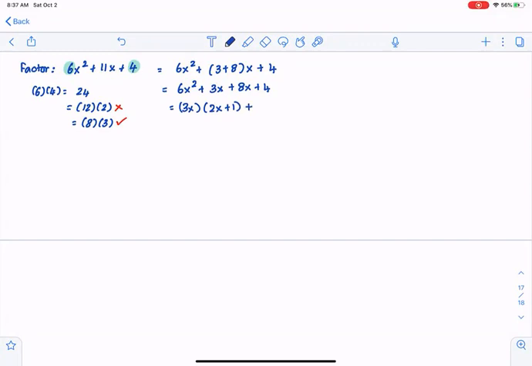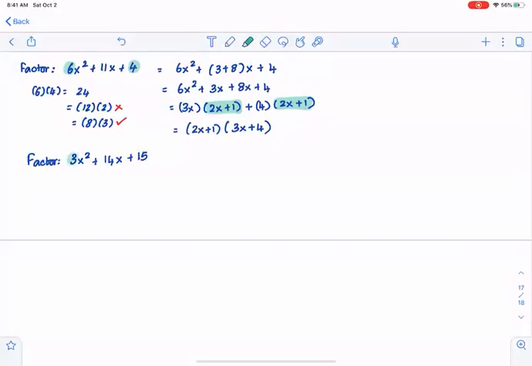In the last two terms, I have a 4 in common. If I pull that out of 8x, I will get 2x plus 1. Now I have a common factor. If I pull that out, I'll leave behind 3x and 4. So the factoring is 2x plus 1 times 3x plus 4.